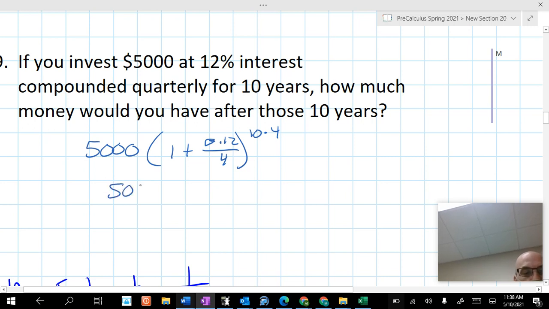So it's 5,000 times 1.03 to the 40th power. And somebody multiply that out. What do you get? You get a lot of money, but how much? 1.03 to the 40th. And then take it times 5,000.